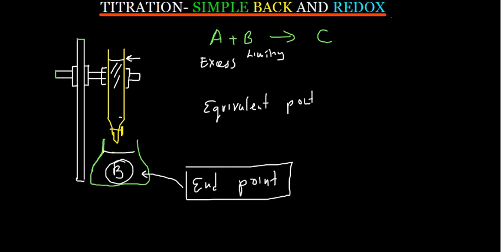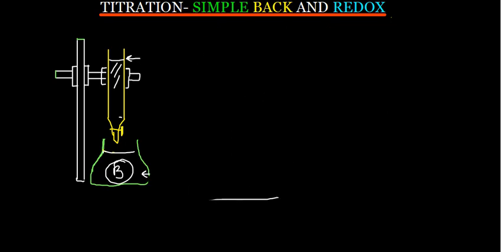So you also need to take note of the color changes of some indicators, because I've seen some questions being asked like that. So maybe just some which you should take interest in. We have got bromothymol blue.